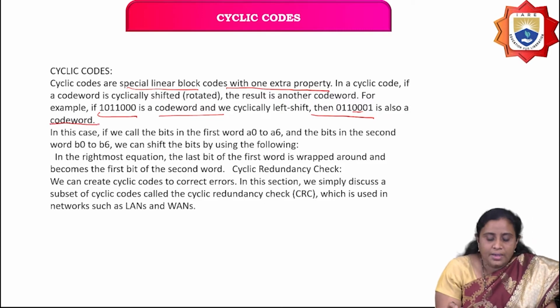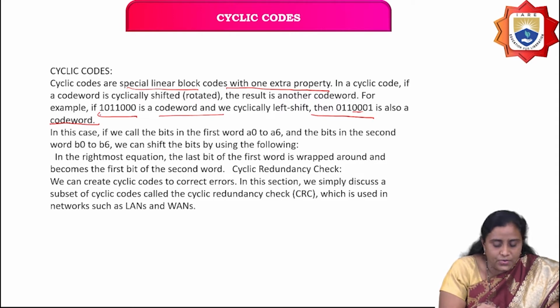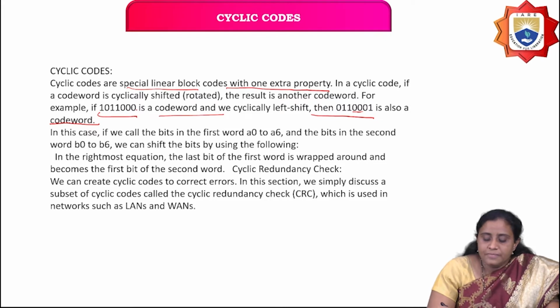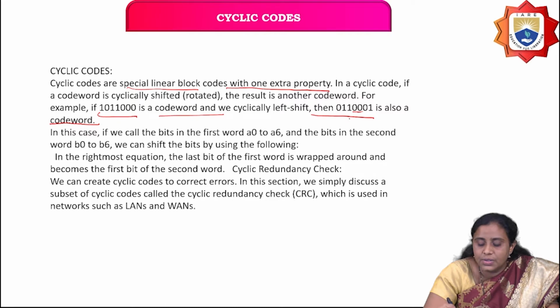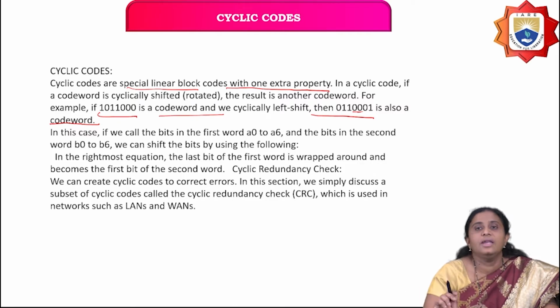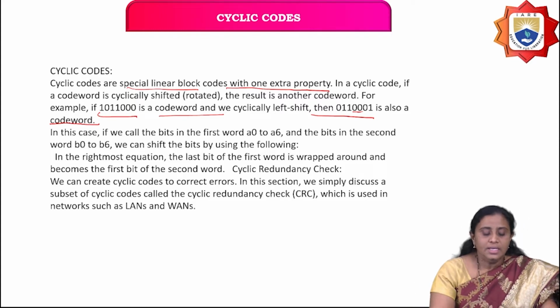Here the first bit is 1, the second bit is 0, the third bit is 1, the fourth bit is 1, the fifth bit is 0, the sixth 0, the seventh 0. The bits are rotated from one side to the left side. This is nothing but the cyclic codes, as we have already discussed.